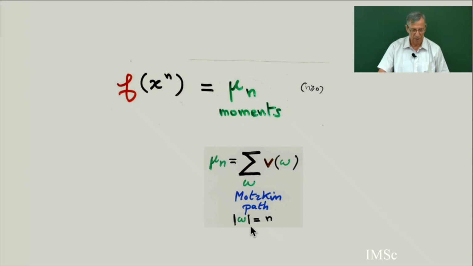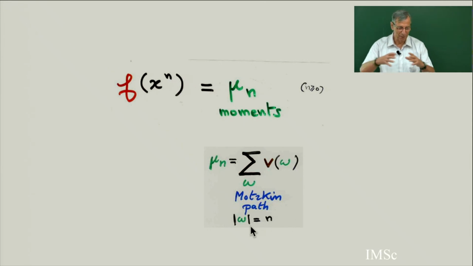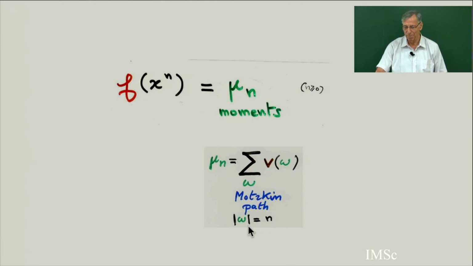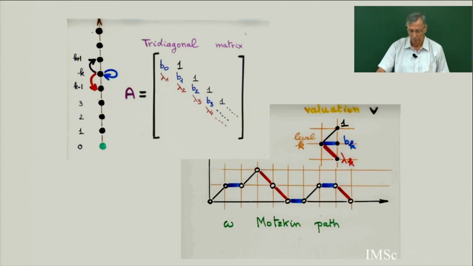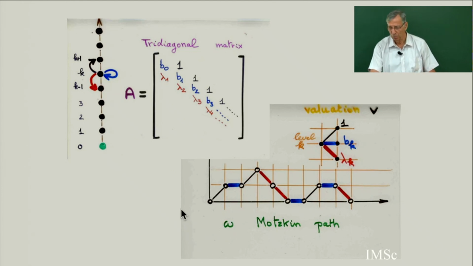When n is big, it's a big polynomial. Each mu_n is a polynomial in b_k, lambda_k, and I claim my polynomials defined by the three-term recurrence relation will be orthogonal for this sequence of moments. I will not prove this theorem now, I will prove it next year. There is a beautiful combinatorial proof with some involution or bijection.